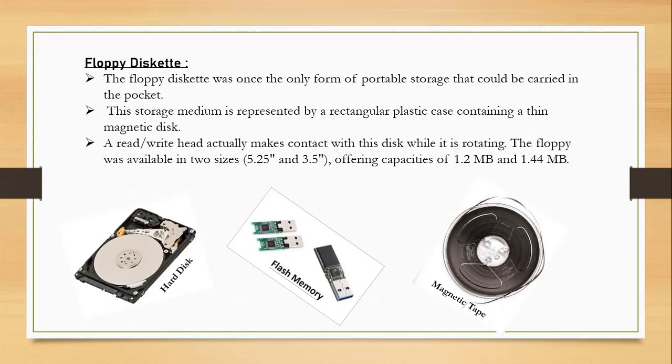It's been written here that the floppy was available in two sizes, 5.25 inches and 3.5 inches, offering capacities of 1.2 MB and 1.44 MB. Most of the time we were using 1.44 MB. This storage medium is a rectangular plastic case containing a thin magnetic film.